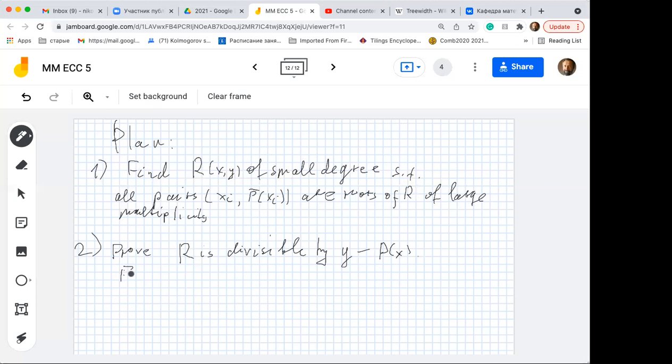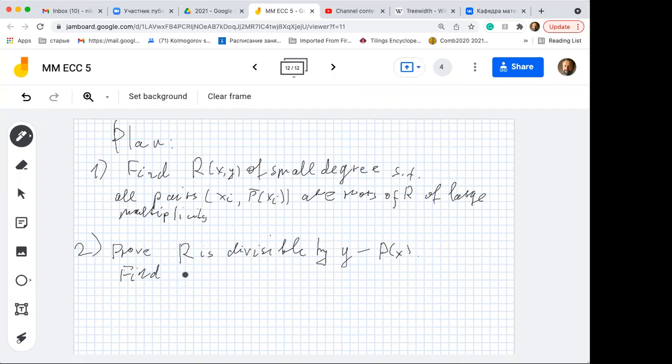So the algebra teaches us that every polynomial can be represented in a unique way as a product of irreducible polynomials.